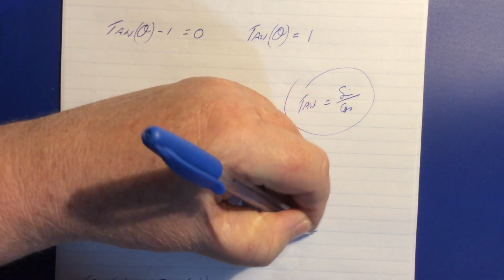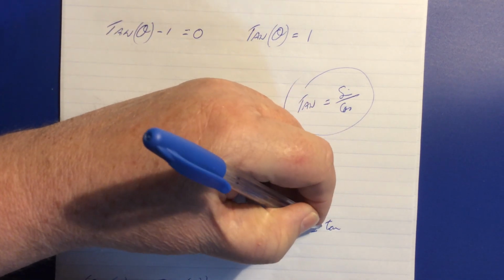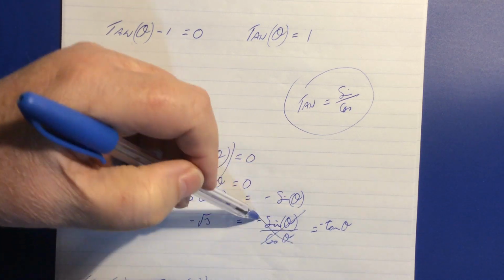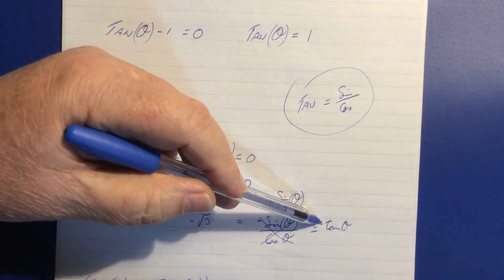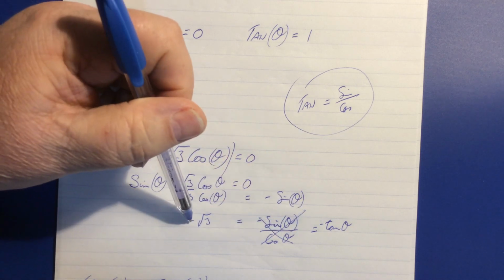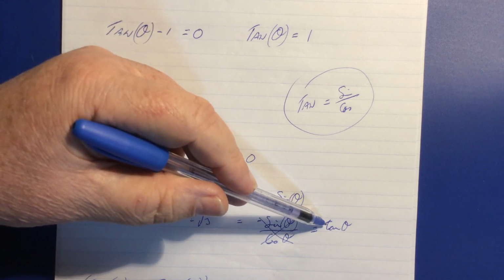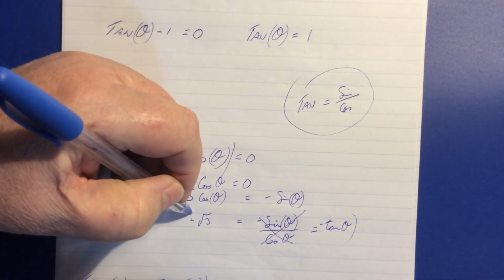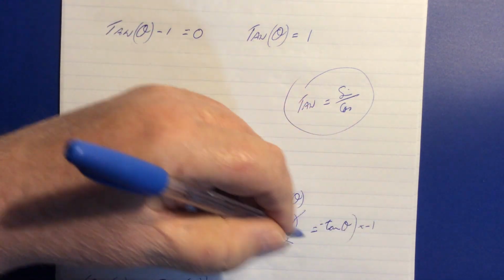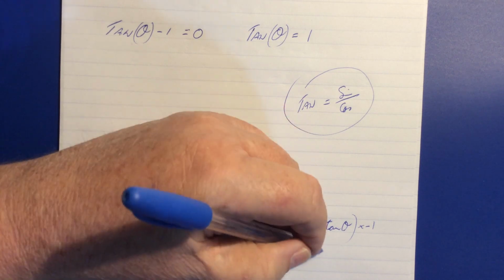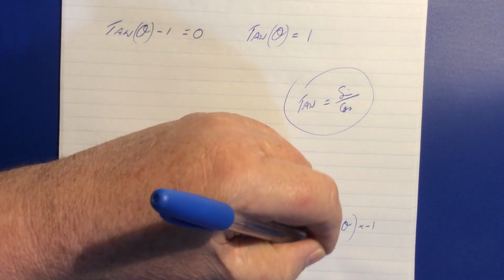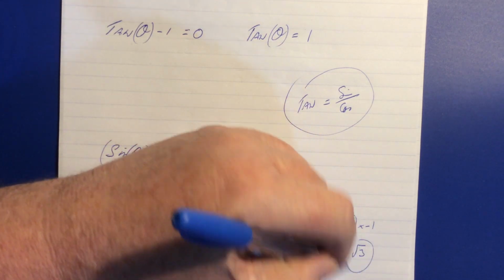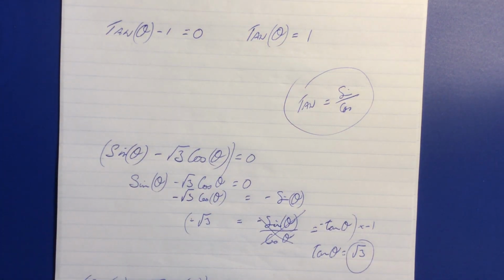Oh, by the way, that equals negative tan theta. So if we just cross that out and replace it with negative tan theta, we have negative root 3 equals negative tan theta. Multiply by negative 1, and what we get is tan theta equals root 3. Now that is another one of the answers.